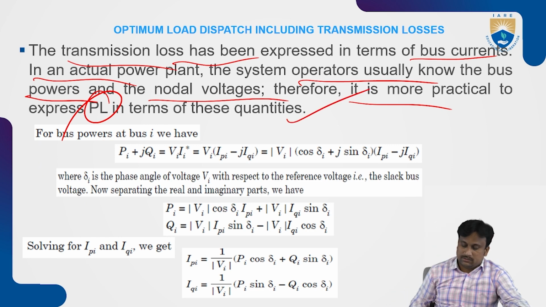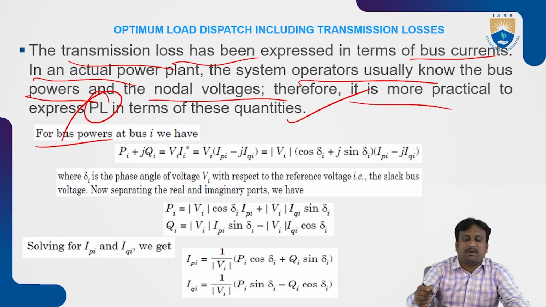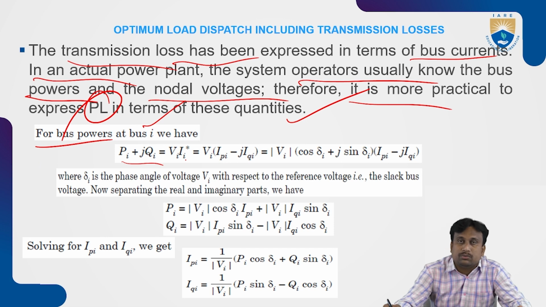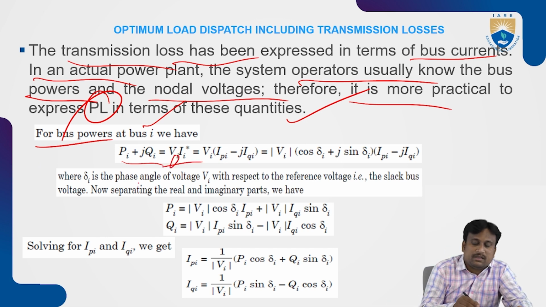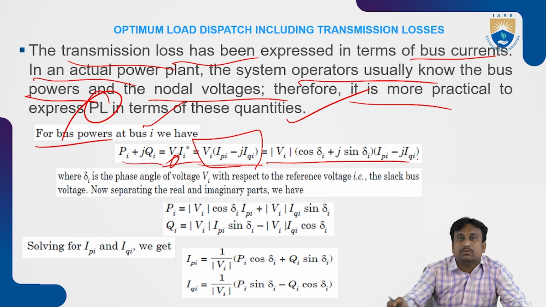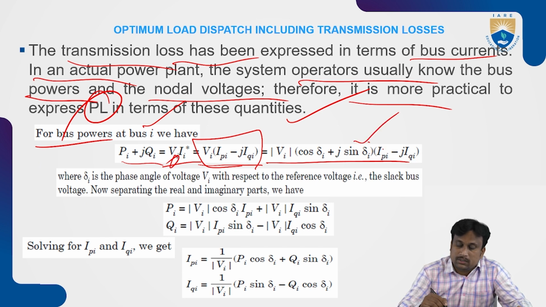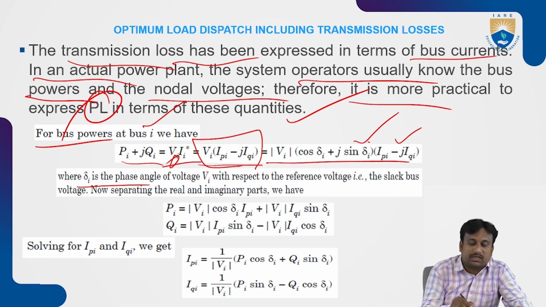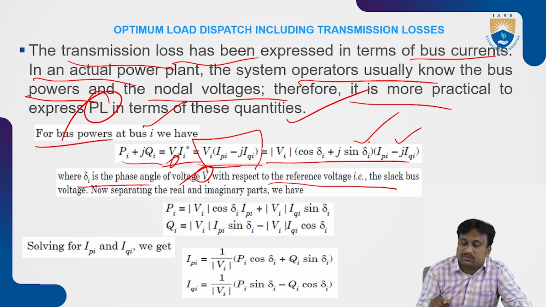For n buses, at bus i we have Pi plus JQi equals Vi conjugate times the ith current, that is the product of Vi and (IPi minus JIQi), which equals magnitude of Vi (cos delta i plus J sin delta i) into (IPi minus JIQi). Here delta i is the phase angle of the voltage Vi with respect to the reference voltage, that is the slack bus voltage. The slack bus voltage is taken as the reference voltage.